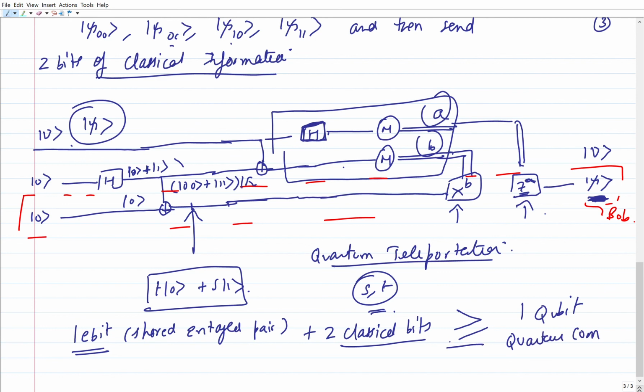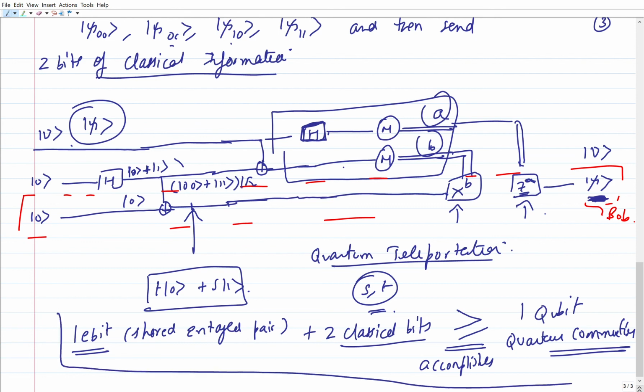So again, this greater-than sign just means accomplishes. So this is a resource inequality. Such inequalities are called resource inequalities.